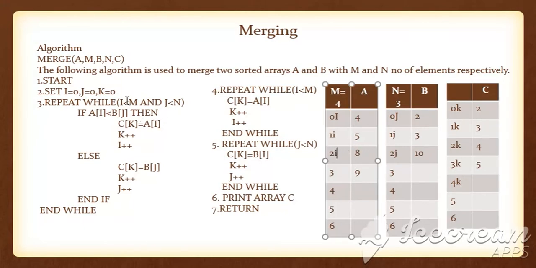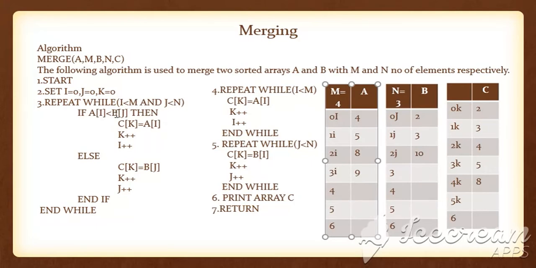Again the condition evaluates: 2 less than 4, 2 less than 3, condition is true. a of i, that is 8 less than 10, condition is true. So again 8 is placed onto the array C and k is incremented to 5 and i is incremented to 3. And next the condition will be evaluated as 3 less than 4 and 2 less than 3.